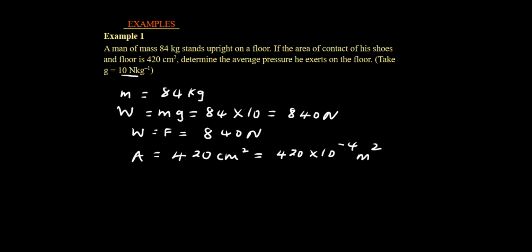Now, the next step will be to write the formula for pressure. Pressure is force over area. From what we already have, the force is 840 newtons. The area is 420 multiplied by 10 to the power of negative 4.